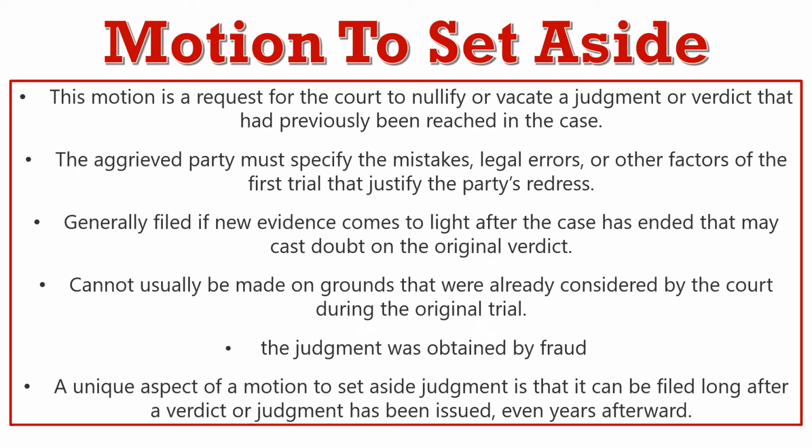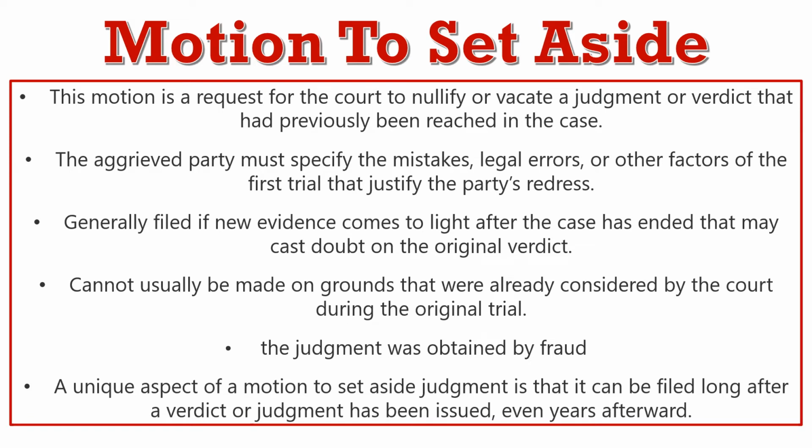The other one is a unique aspect of a motion to set aside judgment: it can be filed long after a verdict or judgment has been issued, even years afterwards. So if something does come out, even years from now, about this case that could have changed this case, that nobody could have figured out during the trial, you can file for a motion to set aside.